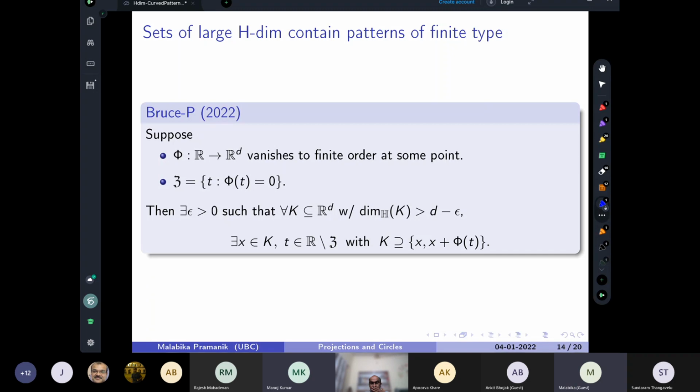So this is an extension of Kuca, Orponen, and Sahlsten's work from the t comma t square setting to all patterns that are smooth of finite type. So that's the first result.